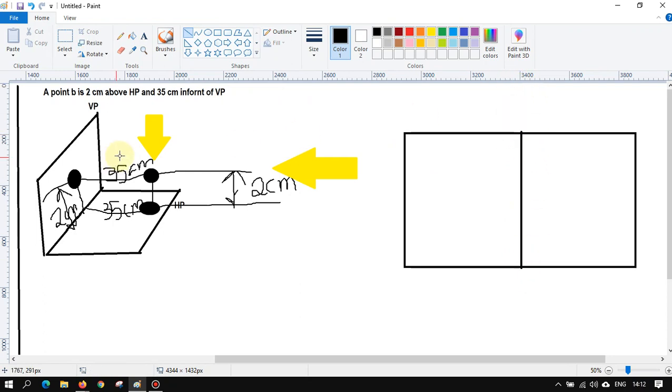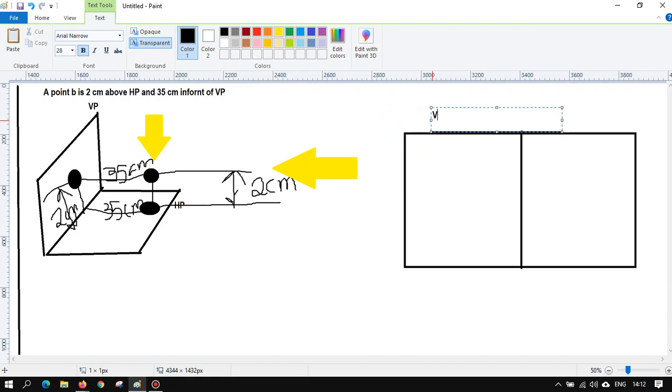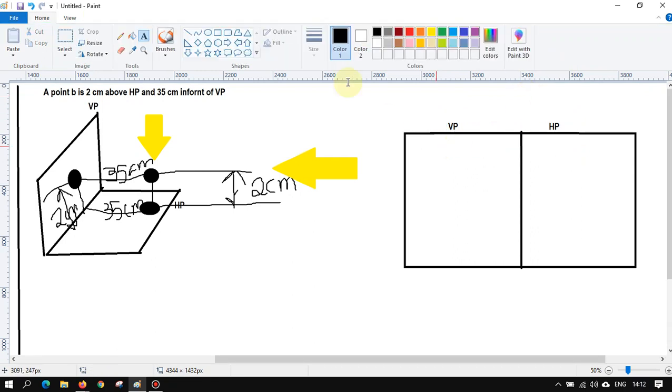So the partition is nothing but your VP, HP, fine. So there will be 2 points, one over here, another over here.